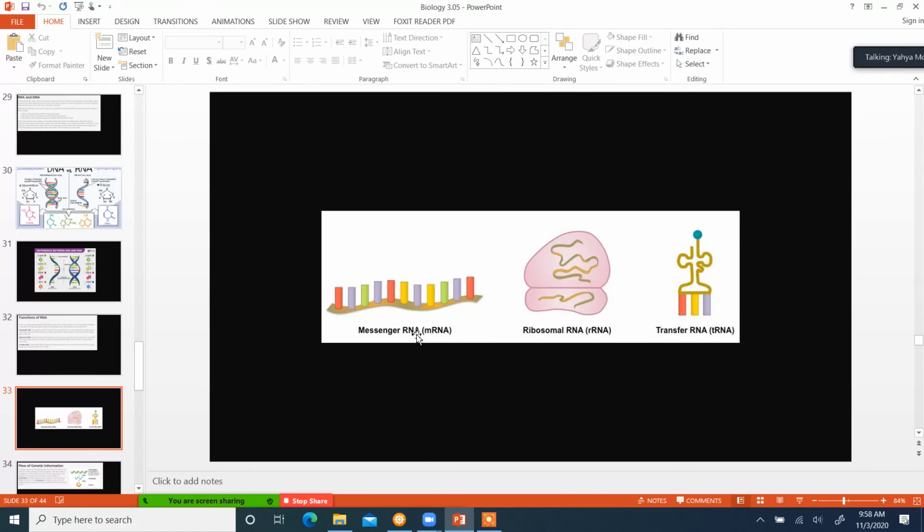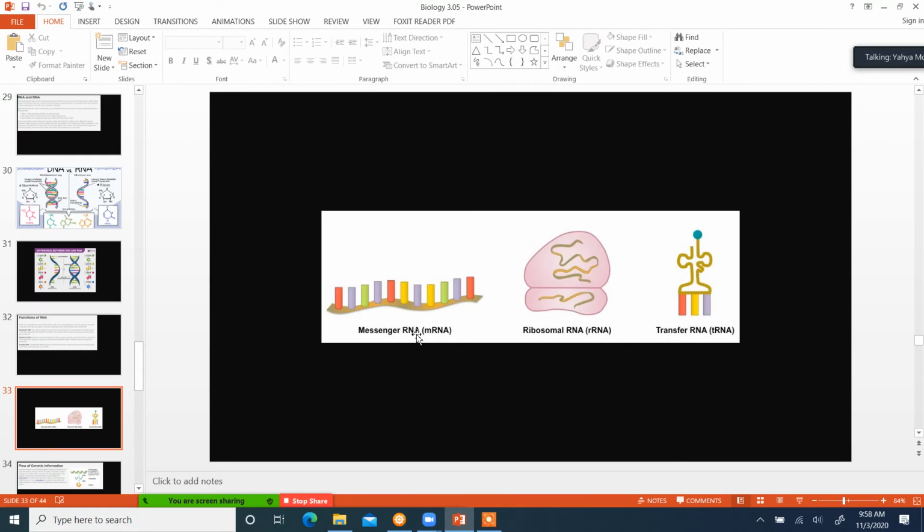Yeah, right. So basically, the DNA is usually stuck inside the nucleus, right? So how does the DNA communicate with the outside of the nucleus?